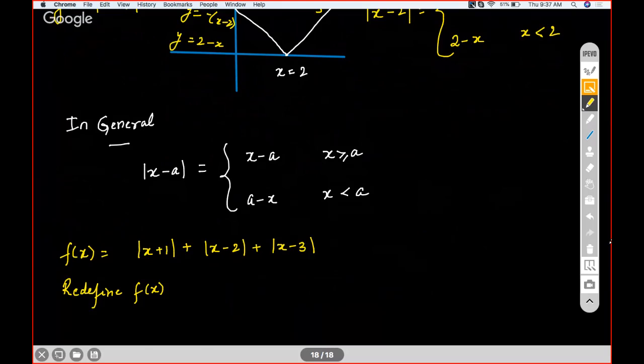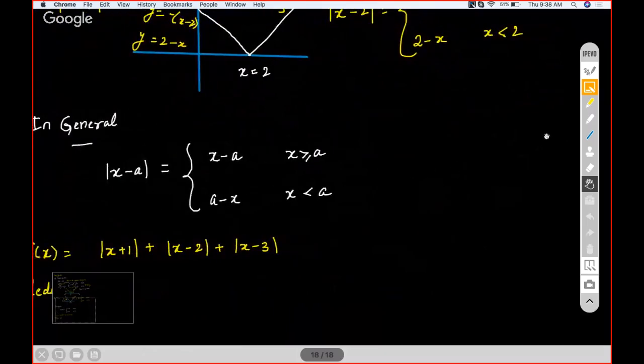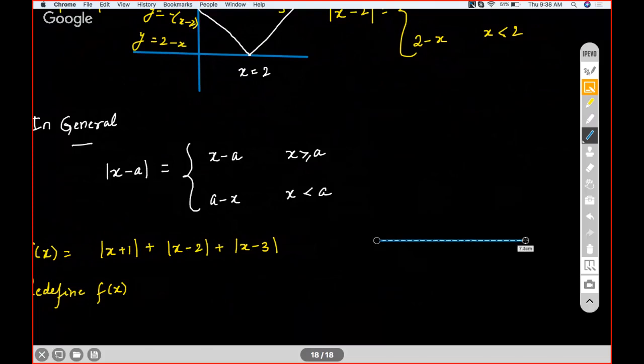Now here you have to be very careful about the intervals where you are redefining the function. So for values of x greater than or equal to minus 1, then okay, I'll help you out in this case.